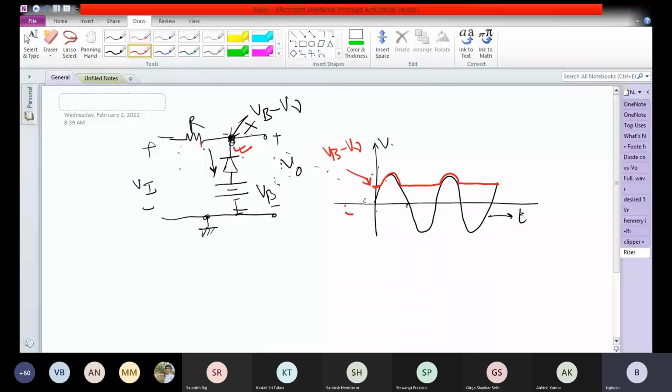If the voltage at the point X becomes more than VB minus V gamma, then the current through the circuit is 0. And if the current through the circuit is 0, then there is no drop. Again, the same old logic, that there is no drop across R, and therefore V0 becomes equal to VI, which is true for the red portion, which is true for this portion.